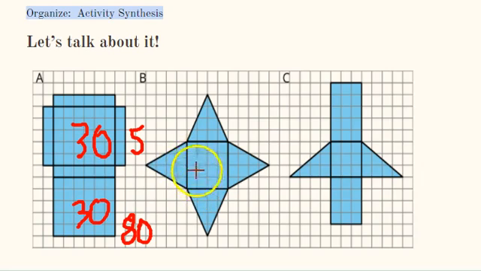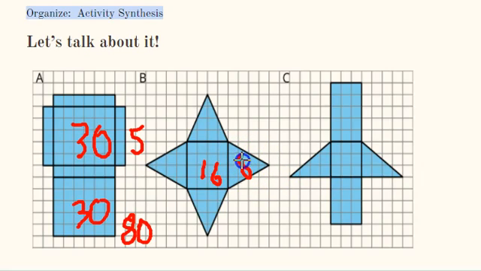Same sort of thing here, right? Should have 1, 2, 3, 4 by 1, 2, 3, 4. So that gives us 16 for the base's area. And then I have 1, 2, 3, 4 for a base, and then 1, 2, 3, 4 for a height. So half of that would give me 8.